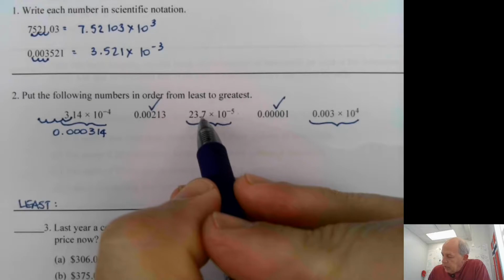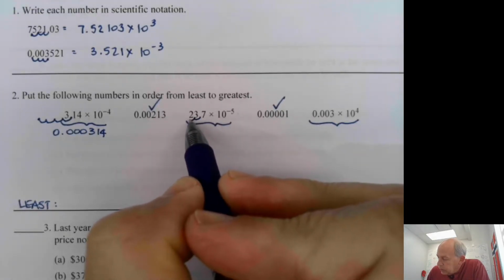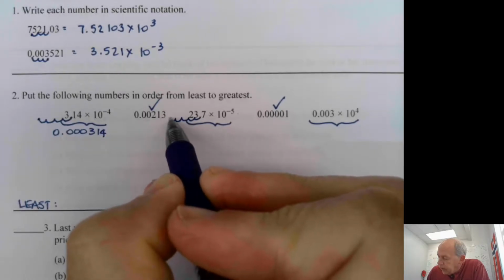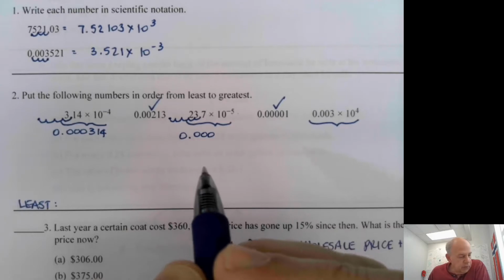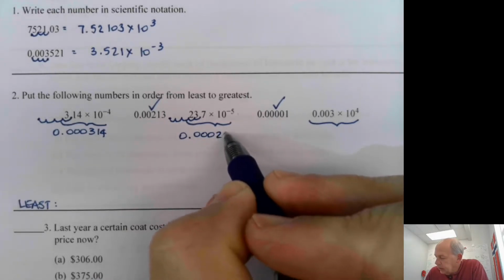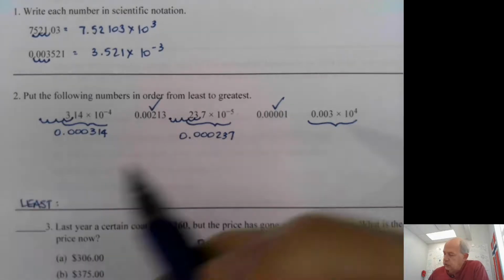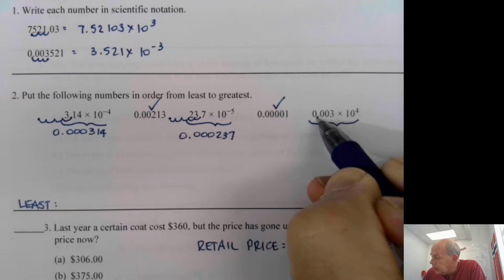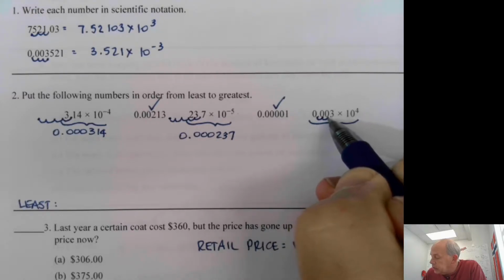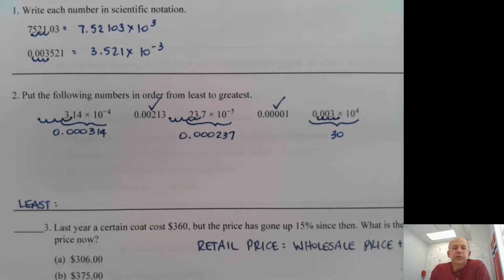This next one, I'm going to move the decimal over 5 places. 1, 2, 3, 4, 5. And put in zeros in the rest of the values where I moved my decimal. And then this last one, I'm going to move the decimal over because this is positive 4 to the right. Make it a big number. 1, 2, 3, 4. My answer right there is 30.